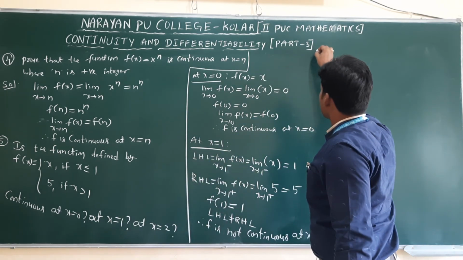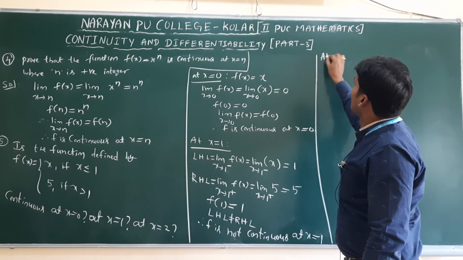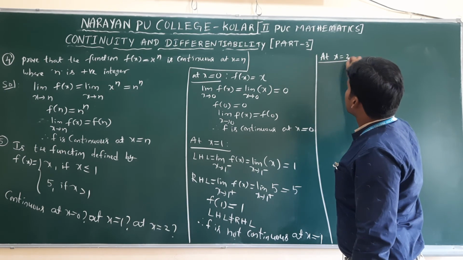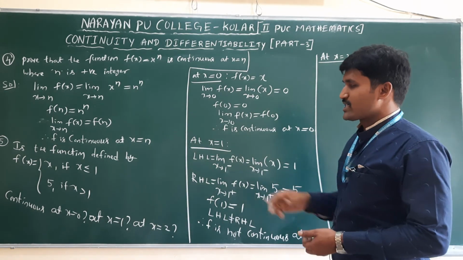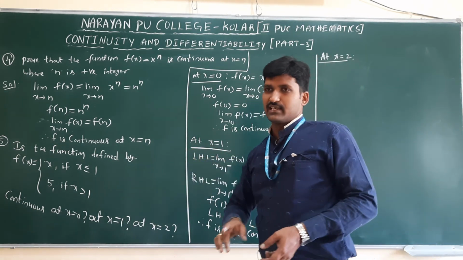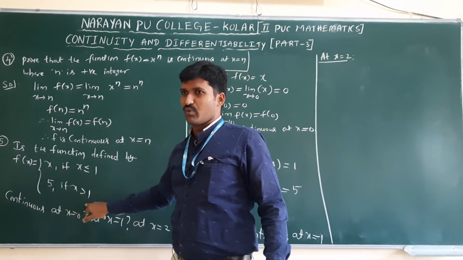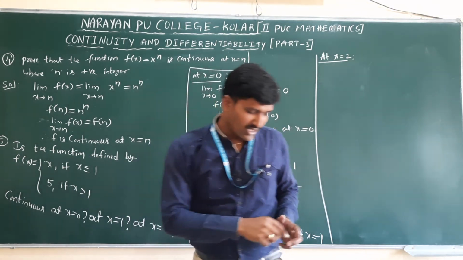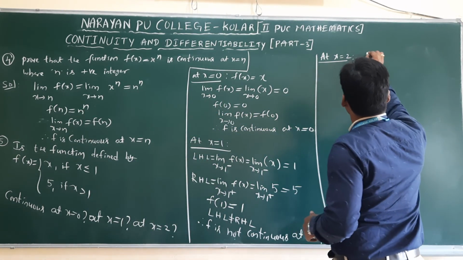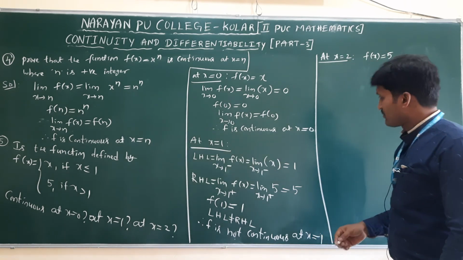So coming to next, at 2 we need to check. At x is equal to 2. While checking at x is equal to 2, x2 not there in the question clearly. But x2 where will come? 2 is greater than 1. That's why x greater than 1, what is the function is there? 5. That's why for checking continuity at 2, function is clearly only a single function, that is 5.